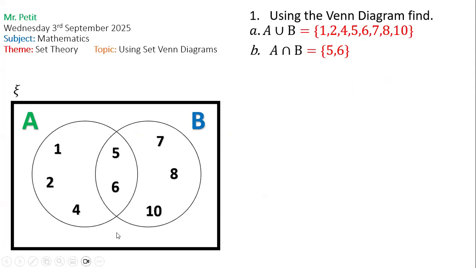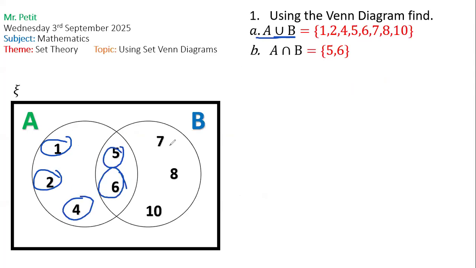Okay, so when we say union, Cordell, union means everything inside of both of them. So we have 1, 2, 4, 5, 6, 7, 8, and 10. Does that make sense? So all of them is in the union. Now when we say intersection, what does that mean?